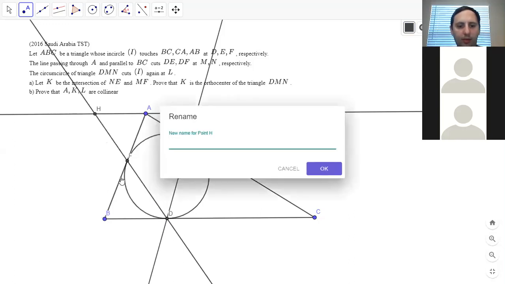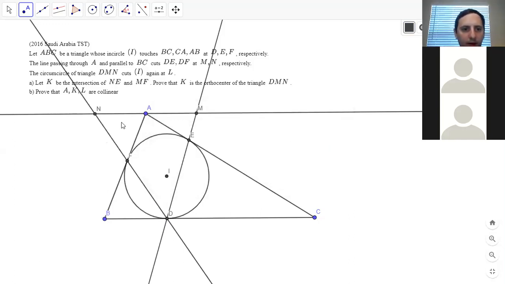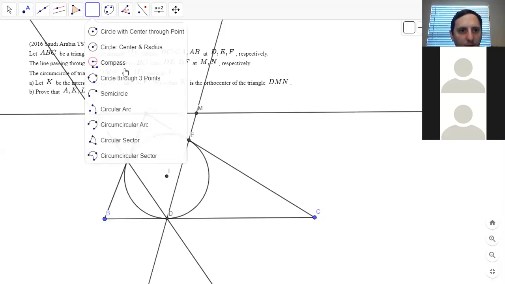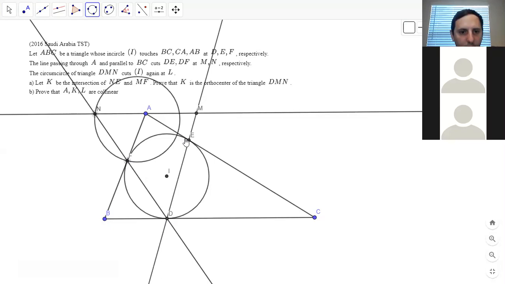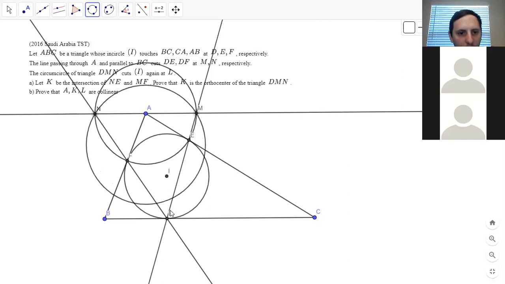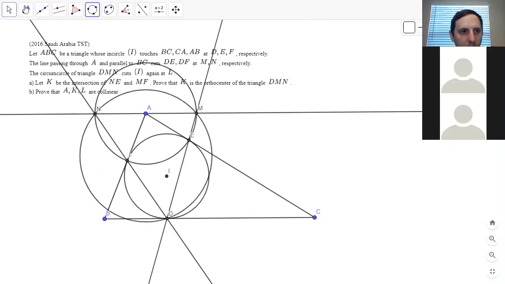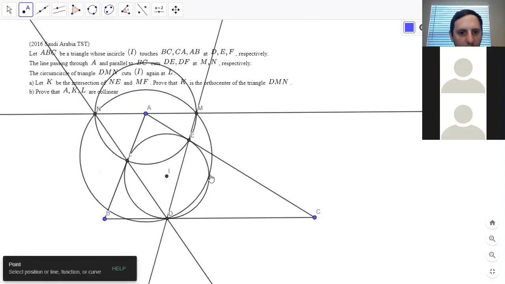And so because of that, we have that A is the circumcenter of NFEM, that cyclic quadrilateral. So I'm just going to draw that before I even finish the rest. So we have that circle. The circumcircle of BMN cuts the incircle at L. So this is point L here.